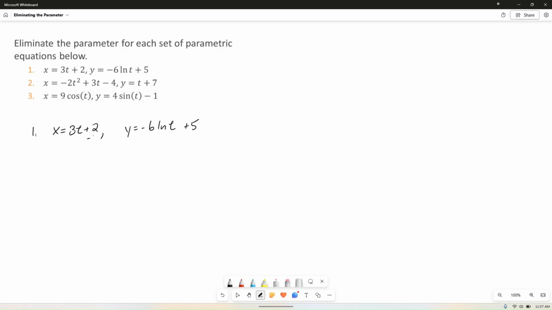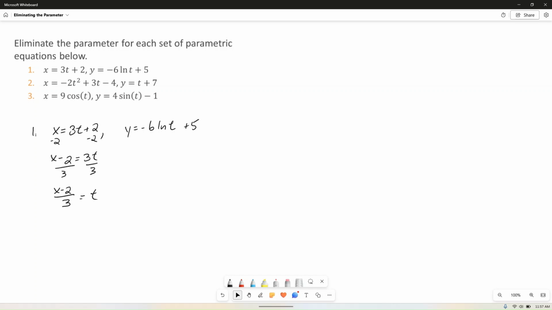So we subtract 2 from both sides, and that gives me x minus 2 is equal to 3t. Then we divide both sides by 3 to isolate the t. So t equals x minus 2, that whole expression divided by 3.